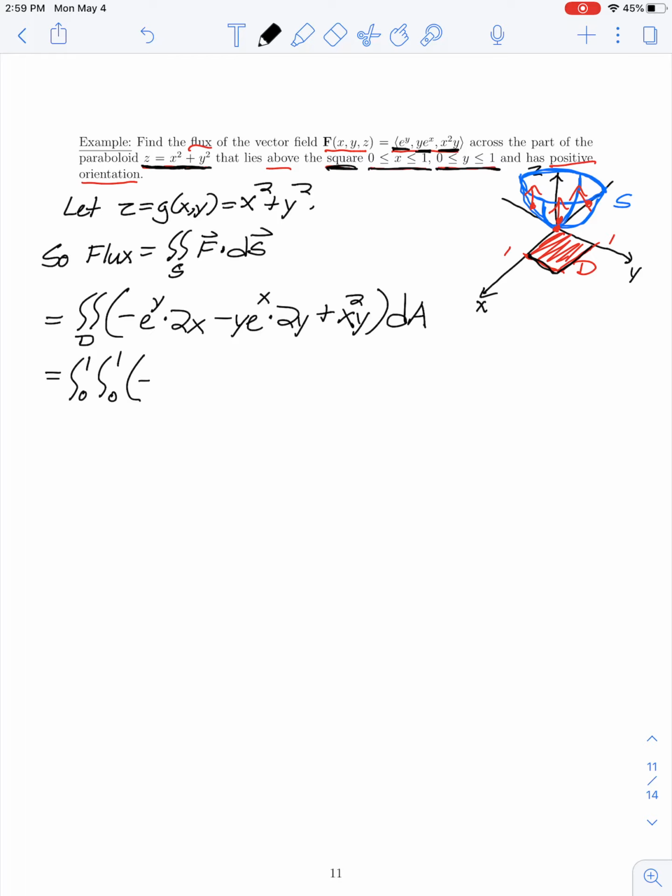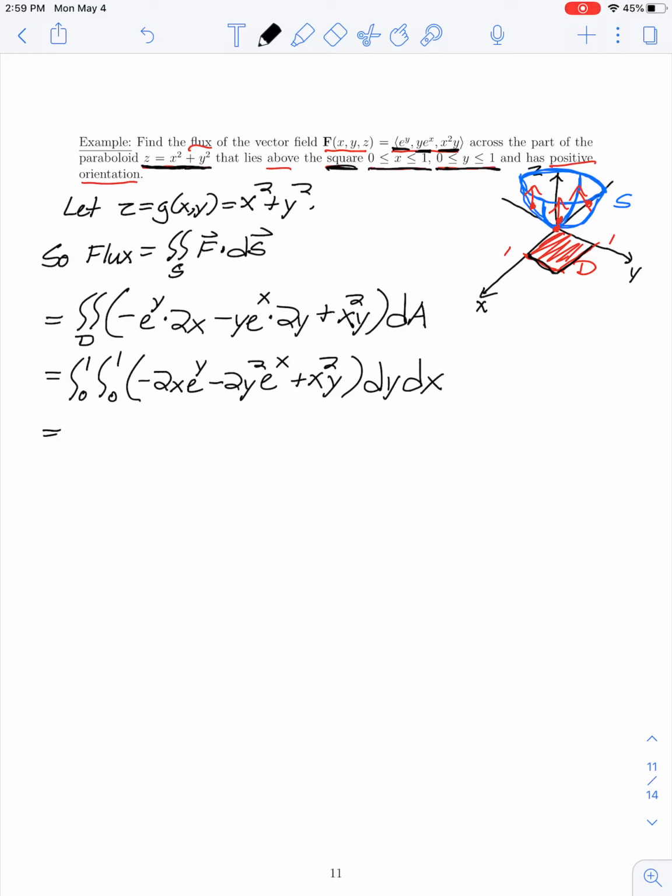So rewriting this, we have negative 2x times e to the y minus 2y squared times e to the x plus x squared y, and then integrating in the order dy dx. Here it doesn't really matter which order you integrate in. Neither order gives a particularly easier integral.